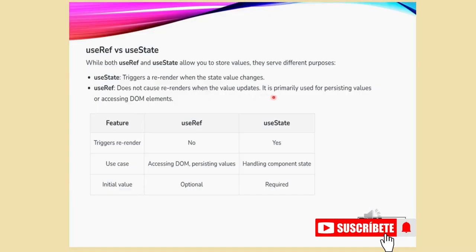It is primarily used for persisting values or accessing DOM elements. Features of useRef and useState: triggers re-rendering, useRef no, useState yes. Use cases: access DOM, persist values, handling component state. Initial value: optional and required.